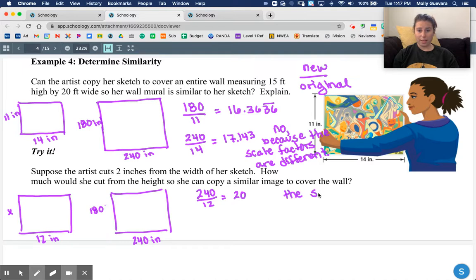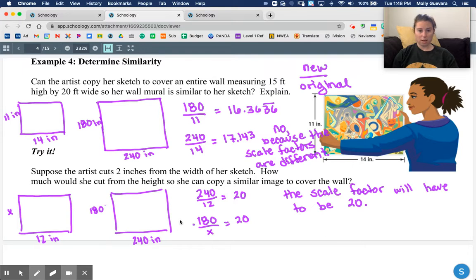The scale factor will have to be 20, which means that whatever x is, I would have to multiply that by 20 to get 180. So I can do it this way, 180 divided by x, right, has to also equal 20.